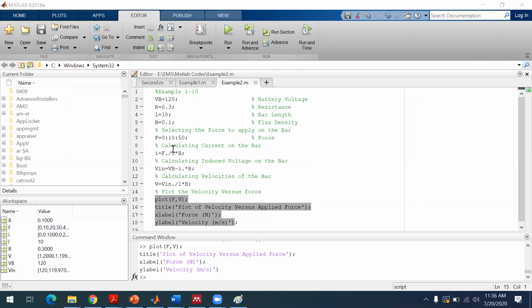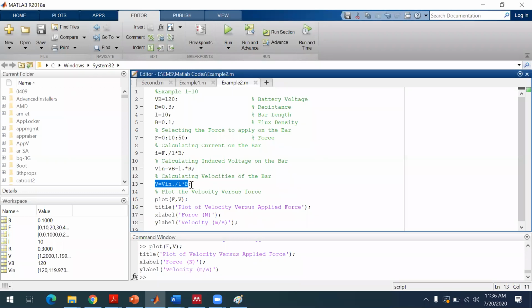For that equation, we need the induced voltage, and for the induced voltage, we need to find the current, which we get with this equation. Once we get these values, we find the induced voltage and the velocity, and once we find the velocity, we plot it with respect to the force, give the title, the X label and the Y label.